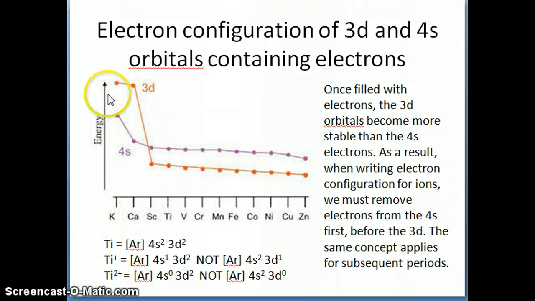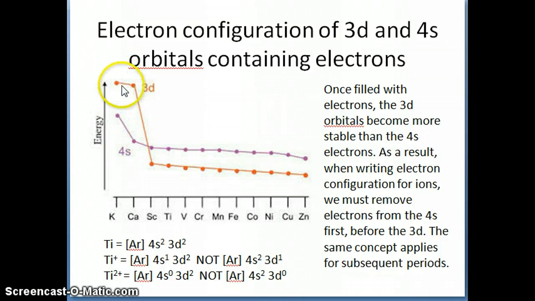But it turns out that once these orbitals are filled with electrons, the 3d orbitals actually become more stable, and you can see it in this graph right here. This is energy values of 4s and 3d orbitals that are filled with electrons, and you can see that before the transition metals, for the group 1 and group 2A elements, potassium and calcium, the 4s is still more stable even after it's been filled by electrons.